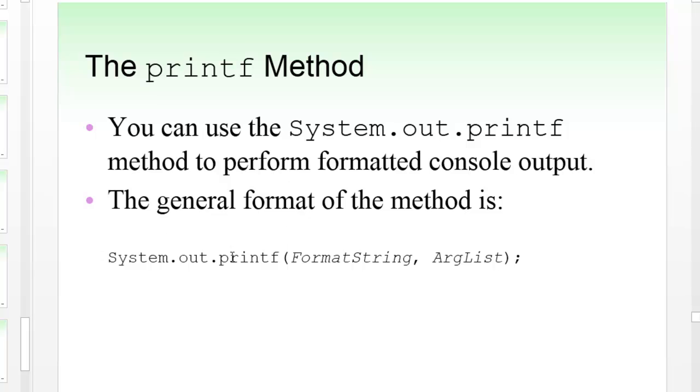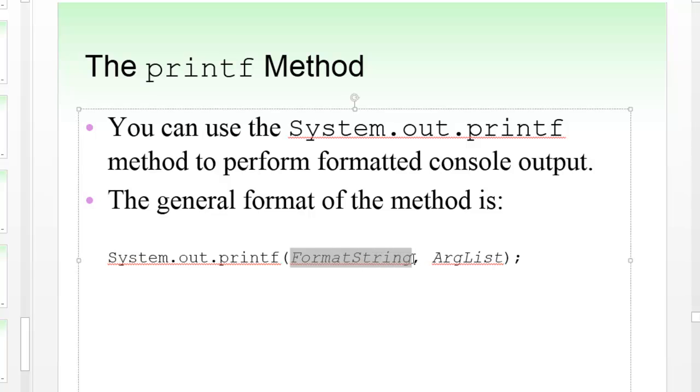We have system.out.printf. Now, the first parameter, if you use the two-parameter version of this, is the format string. The format string is the string you want to print out, and it has text and special formatting specifiers, or it could contain both.